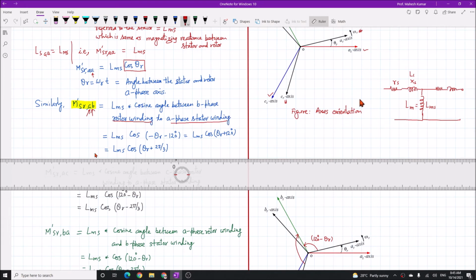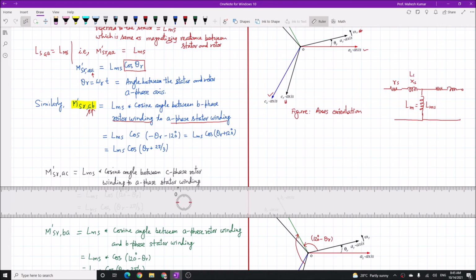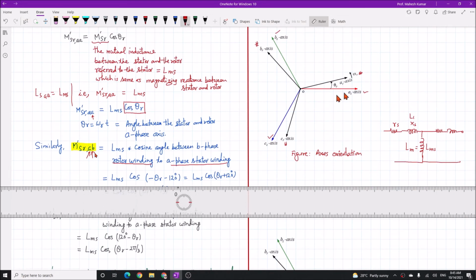Now you see, where is B phase? The B phase is here. This is the B phase of rotor here. And I have to go to A phase of stator. So I have to move from this to this. Because I am moving clockwise direction, the angle is negative.